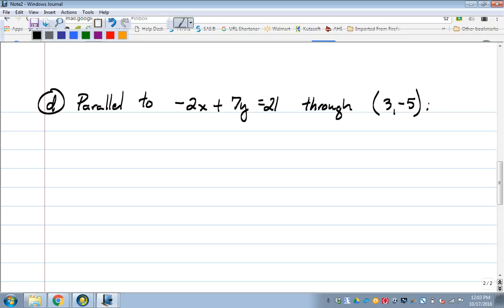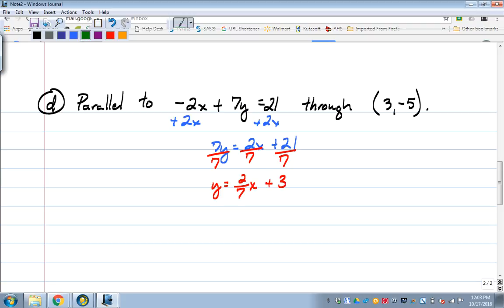All right. What do we got to do first? All right, so we got to get the y by itself on that equation. That's right. So add 2x, 7y equals 2x plus 21, divided by 7, y equals 2/7 x plus 3.